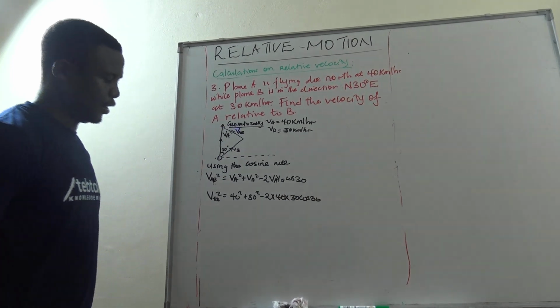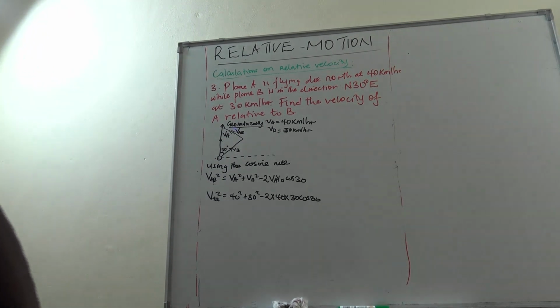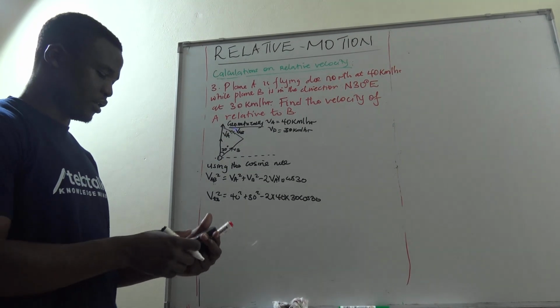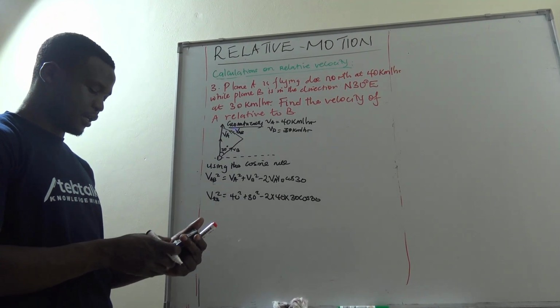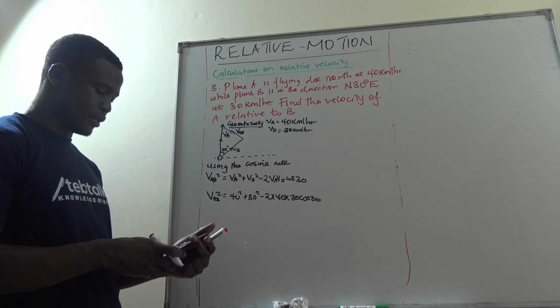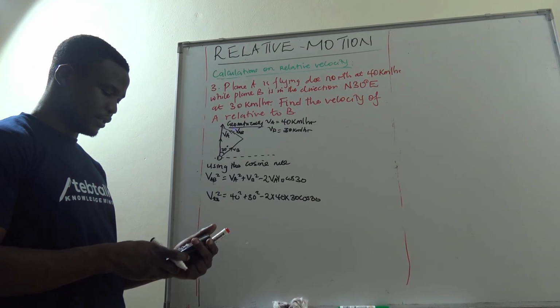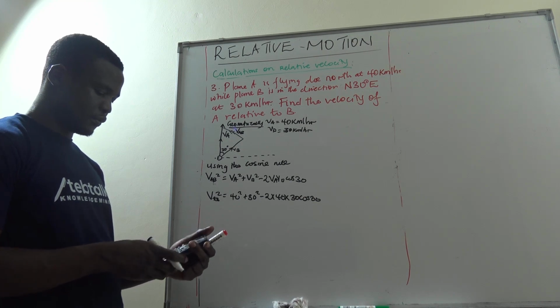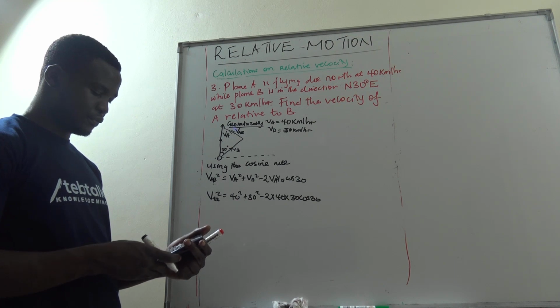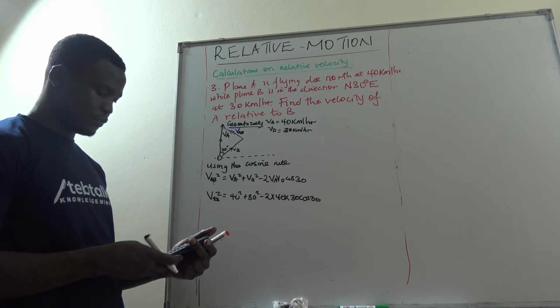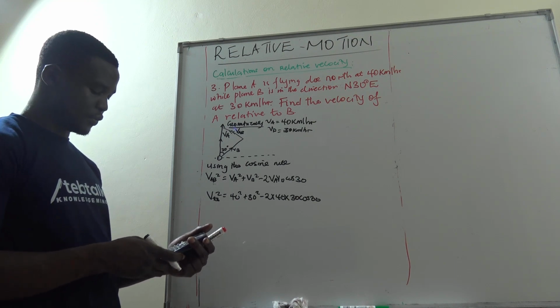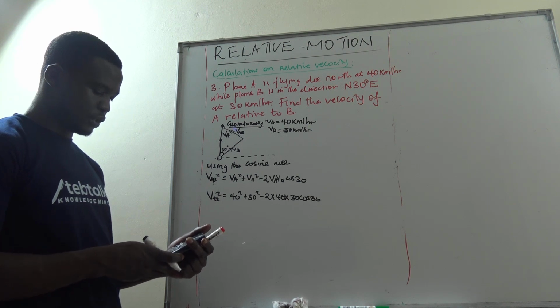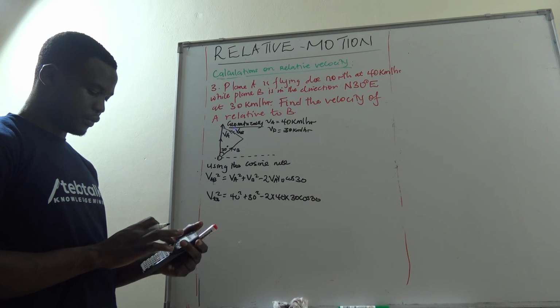Let's get a calculator and plug in these values: 40 squared plus 30 squared minus 2 times 40 times 30 cos 30 is equal to this value.